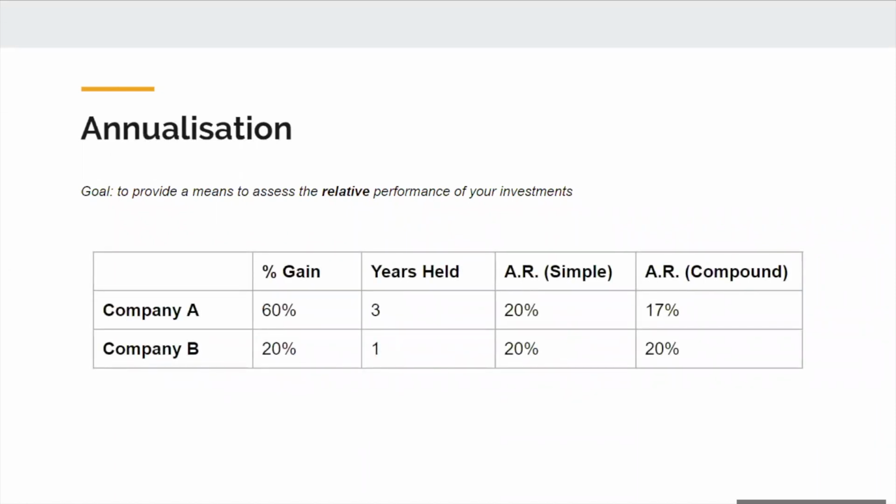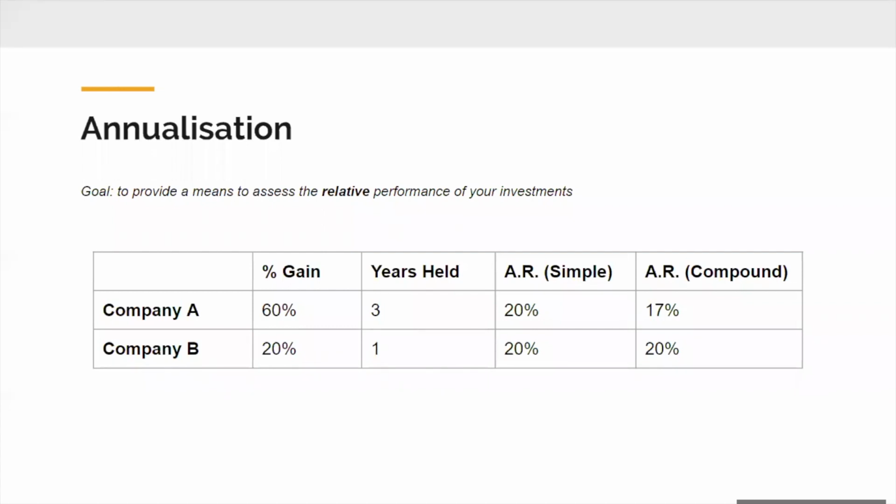So the first topic I want to cover is annualisation. Annualisation is the process by which we calculate a rate of return. Sharesight provides an annual return figure wherever the investment period is greater than a year. There are actually a couple of different annualisation methods available in Sharesight, so I'll briefly talk about each one.